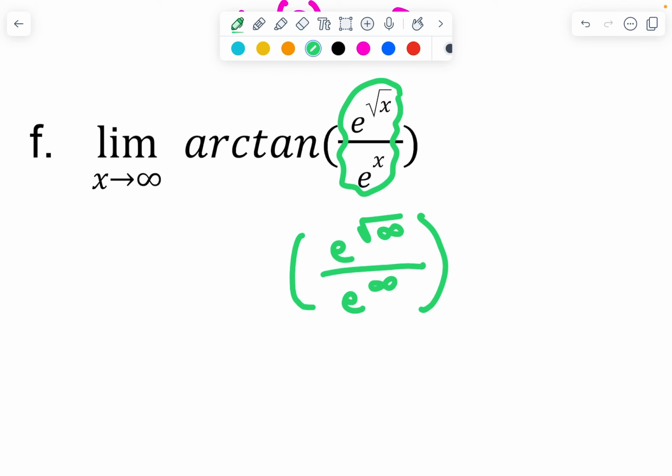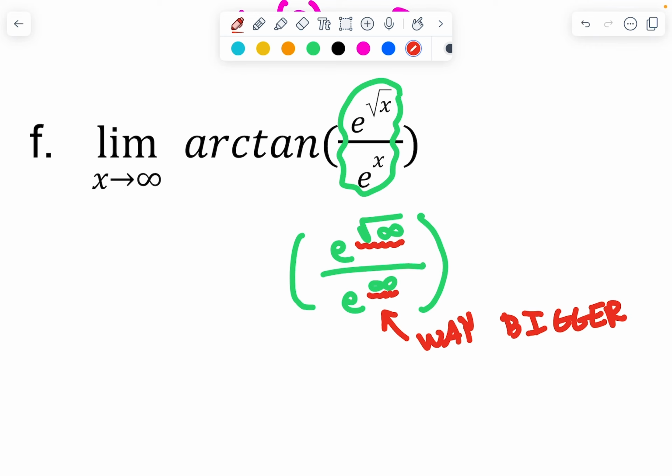And I'm putting in infinity to represent putting in bigger and bigger numbers. It's pretty logical that if you raise e to a supermassive number compared to e to a supermassive number, but you're square rooting it, the denominator is going to get way bigger, even though the numerator is getting massive also. And so if we divide by way bigger, well, we're heading to 0.